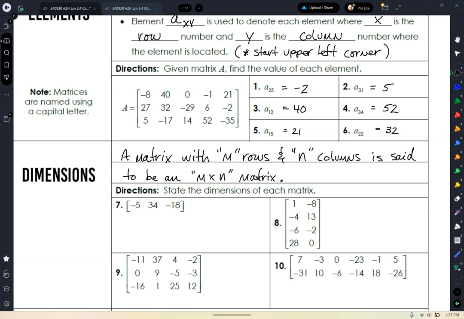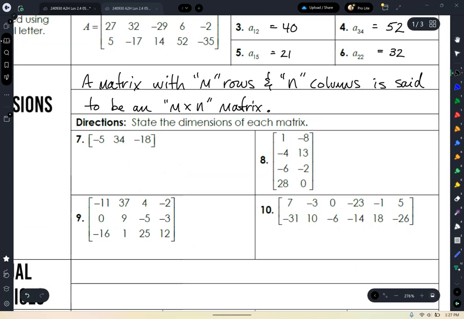Okay, make sure we're clear on m by n. That's like a measurement, right? We're talking about dimensions here. It's not m times n. If we want to find the area of a rectangle, that's what we do, right? M by n.